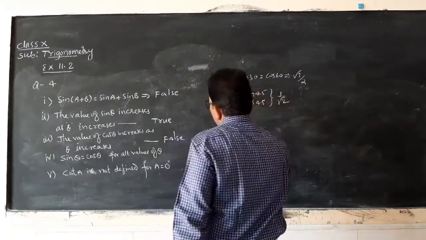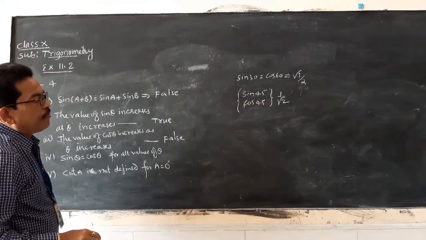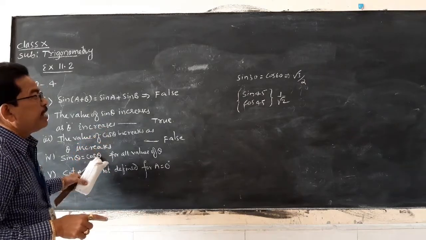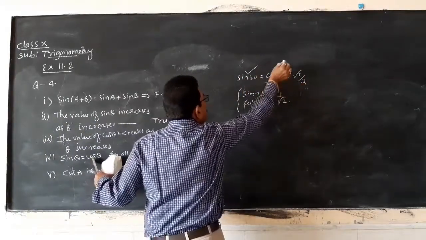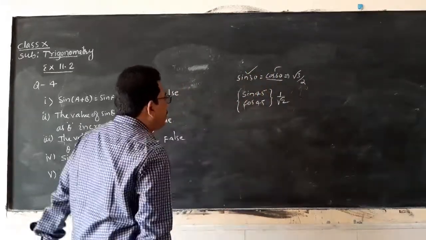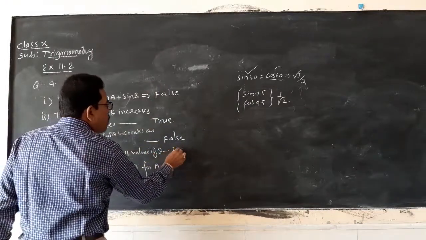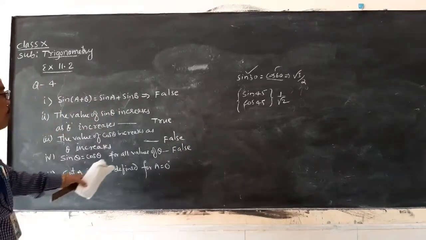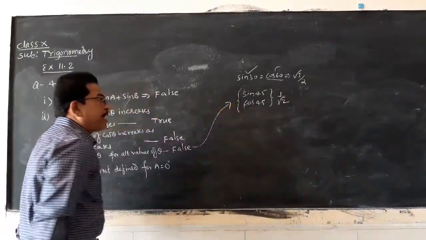So only in the case of angle 45, sin theta and cos theta are equal. In other cases all values are different. Therefore, this is also false.